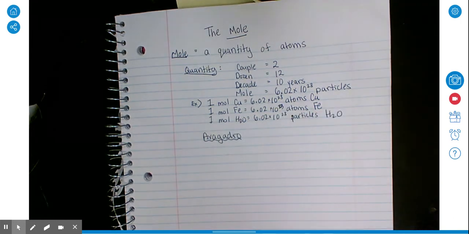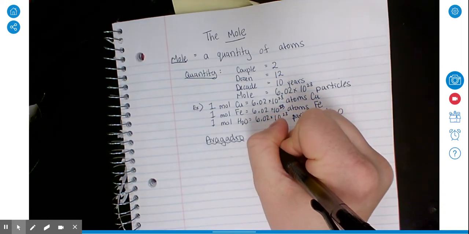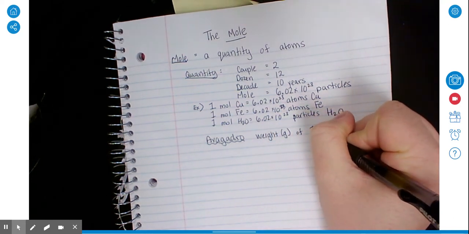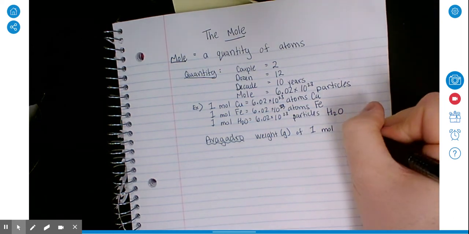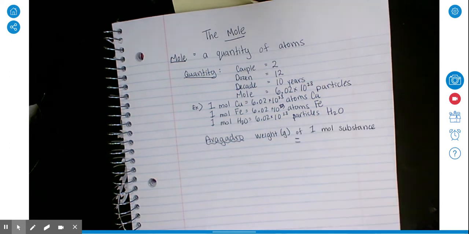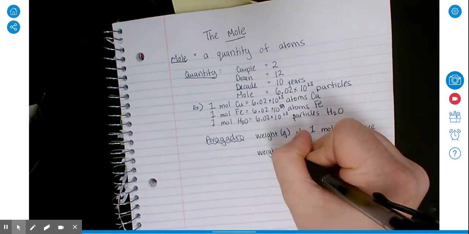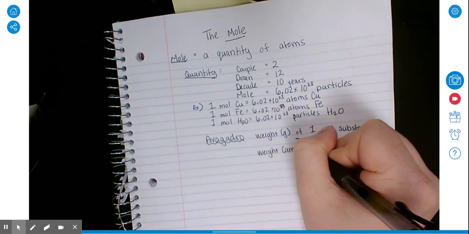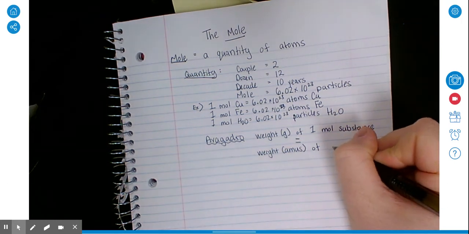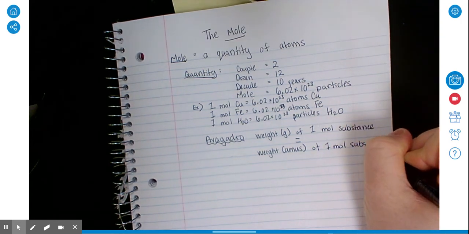And the reason this number is so special is because the weight in grams of 1 mole of any substance is equal to the weight in AMUs of that same stuff, of 1 mole of that substance.